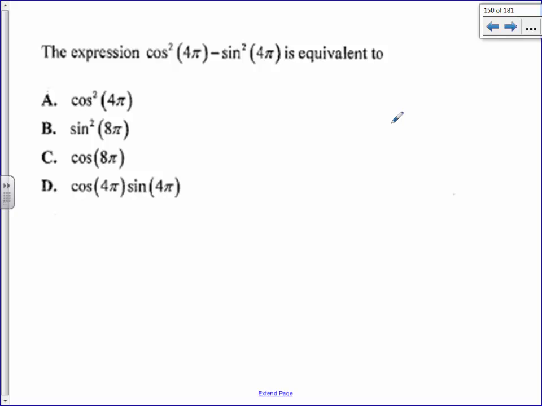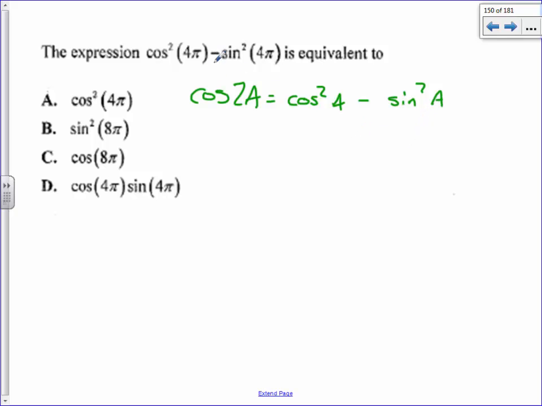The cosine of 2a is equal to cosine squared a minus sine squared a. Oh my goodness, I can't write anything properly today. Does that make sense?